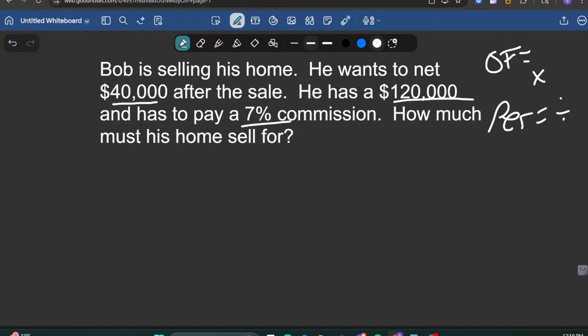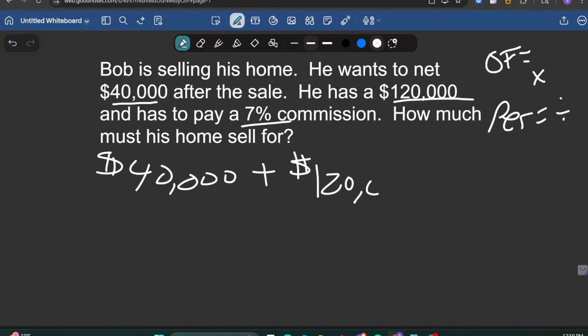So we're going to go ahead and add those numbers up, and if there were more numbers there, we would add all of them up. So 40,000 plus 120,000, because we know he needs to get this much from the sale.